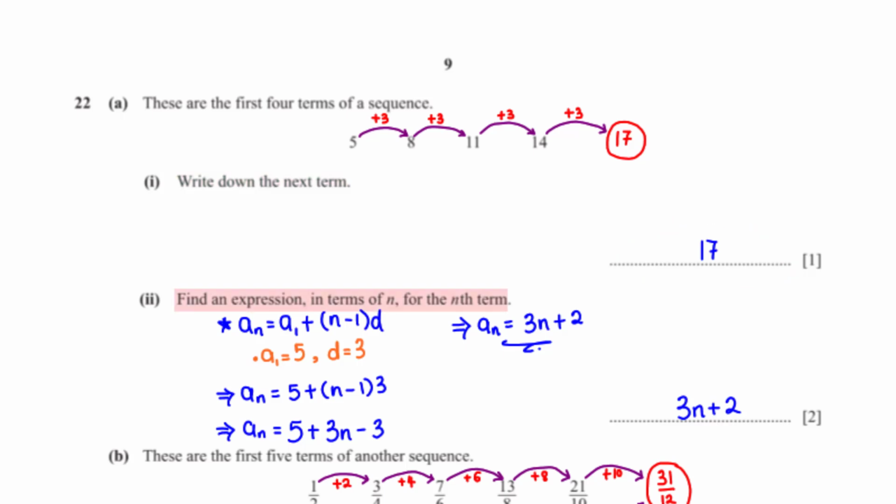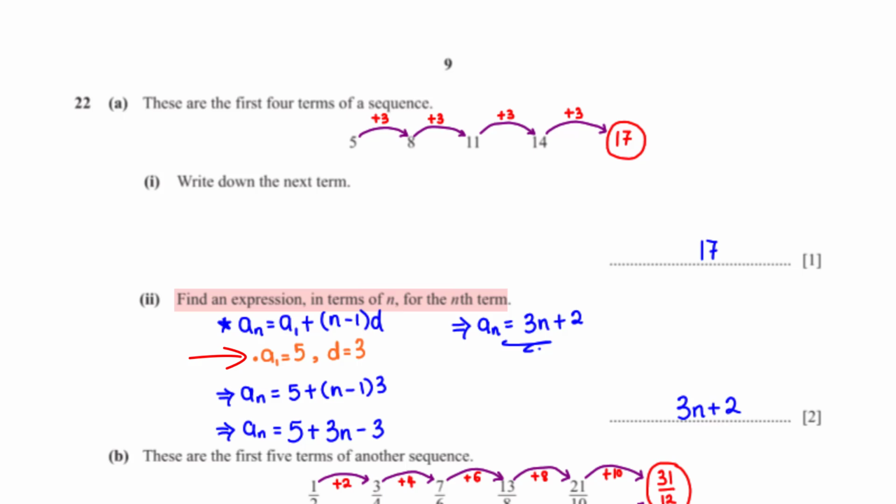Find an expression in terms of n for the nth term. So since we are dealing with a sequence that has a common difference, we can use this formula to find the nth term. A1 represents the first term of the sequence, and in this case, A1 is equal to 5. D represents the common difference of the sequence, and in this case, D equals 3.